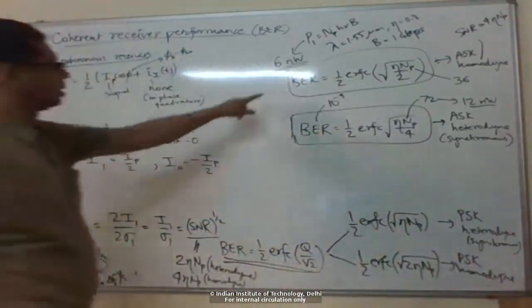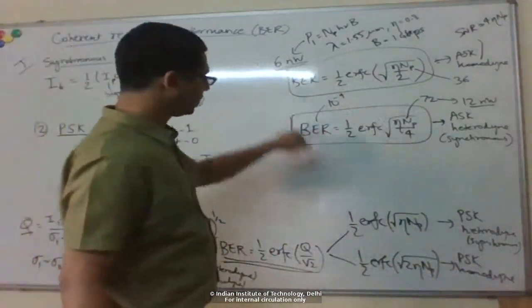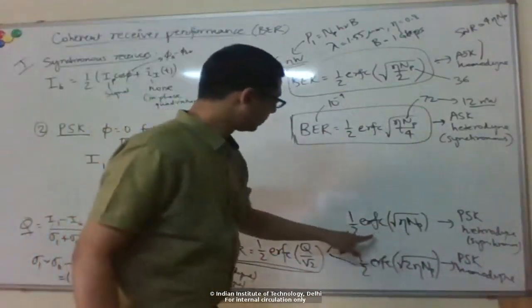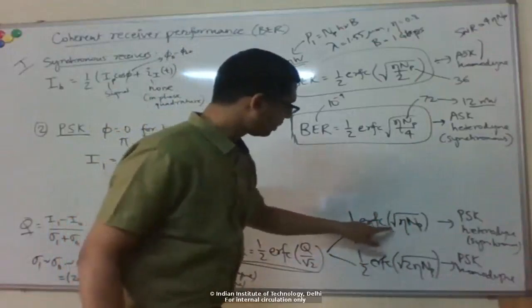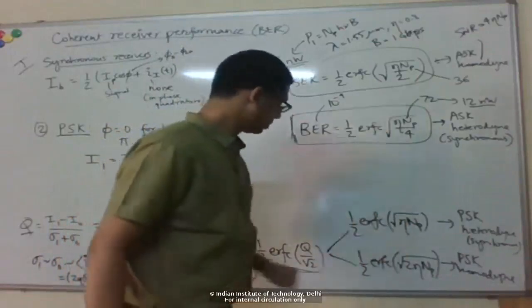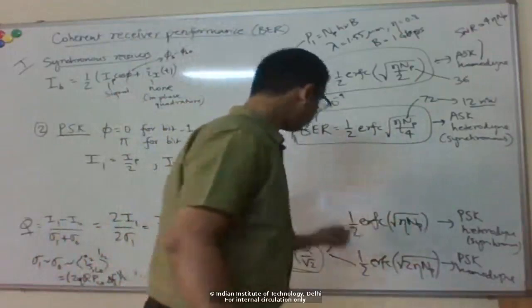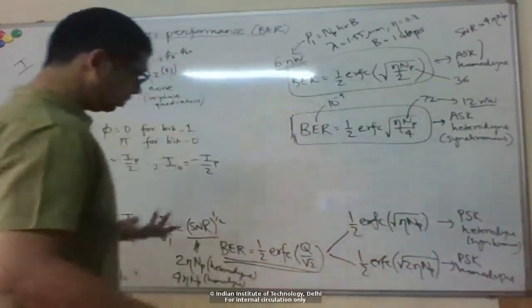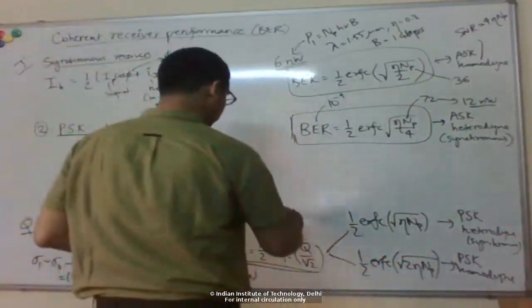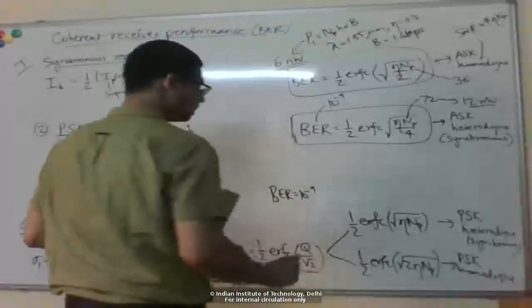Compare it to the ASK heterodyne. You can see that the argument of the complementary error function is larger here, so for the same number of photons, we get a lower BER.